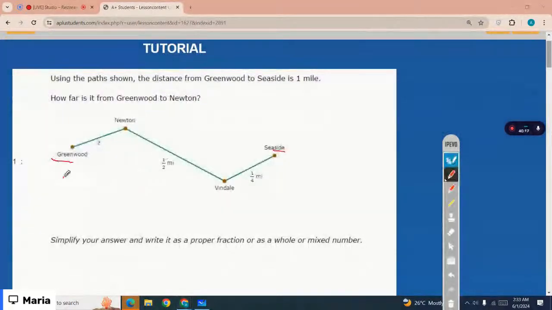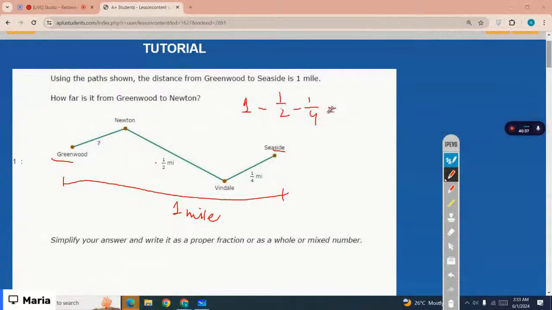That means the complete distance from here to here is 1 mile, right? You have to find the missing distance, that is from Greenwood to Newton. So the complete distance is 1 mile. So you have to subtract the other two given distances from 1 mile. That is 1 minus 1 by 2 minus 1 by 4, and you will find the distance, right?